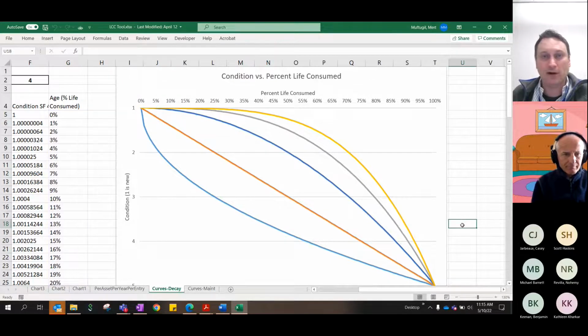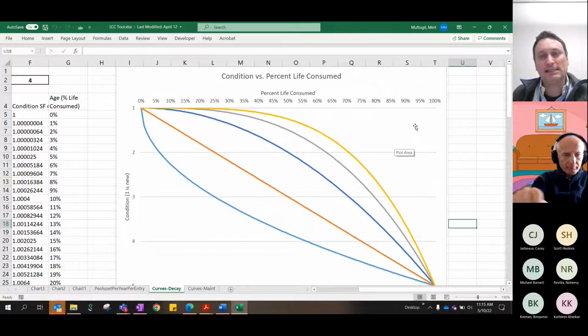So my humble recommendation for you all to consider is that assets with fewer moving parts, things like pipes, steel or concrete storage tanks, are going to be on the upper right side of this curve.